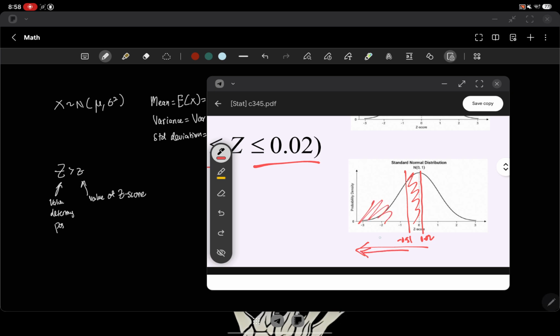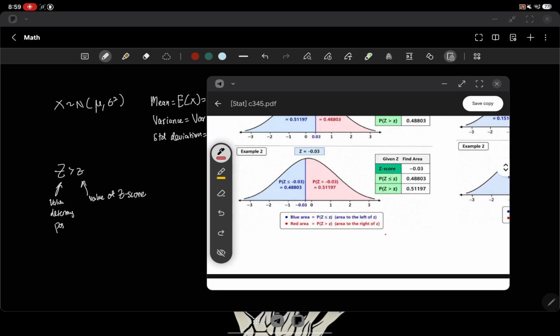We'll get this area with this area. We substitute this with this, so we'll have the balanced region here. For an example, they have shown here.